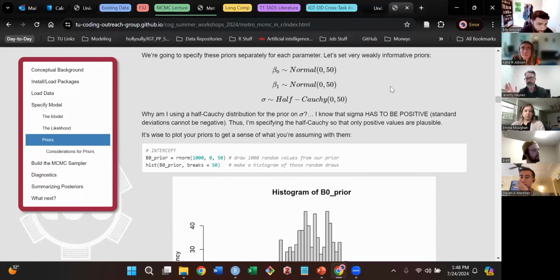That's all it is. You cut it in half at 0, and you say only positive values are plausible. This makes sense that we'd want to use this for a standard deviation because standard deviations can only be positive. And so that's one of the ways in which we can help some of this estimation. We can say, well, we already know that negative values aren't plausible, so why even consider those? Those have 0 probability.